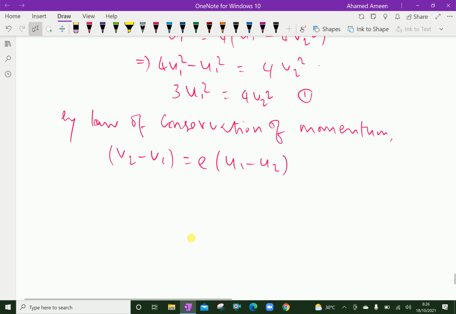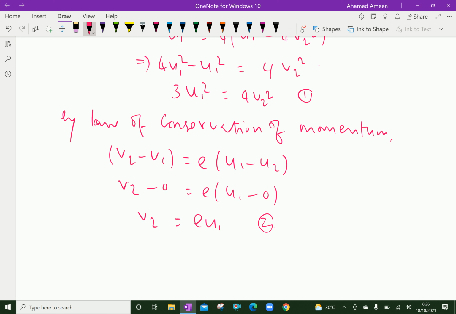Here v1 is 0 because the first ball comes to rest after impact, equals e times u1 minus 0, since before impact the second ball is at rest. Therefore v2 equals e u1. Let it be 2.